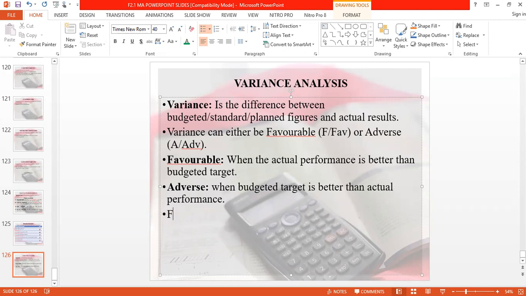Now, for costs, that is expenses, favorable arises when actual costs are less than budgeted costs.